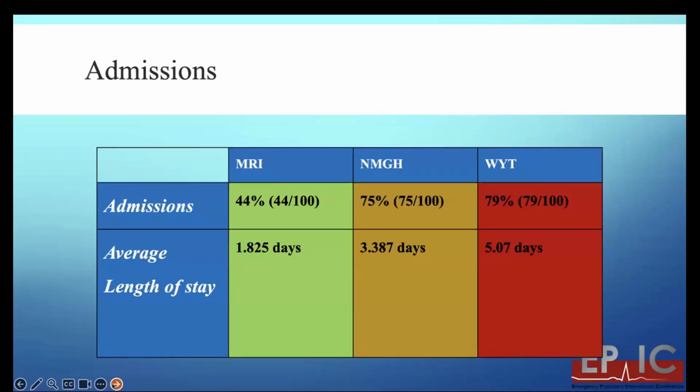Average length of stay should be taken with a pinch of salt because these three hospitals are different setups with different hospital dynamics. So even if we reduce the admission percentage with the use of TMACS, the average length of stay, although it will decline, may not go down in the same proportion as at MRI hospital or any other tertiary care center.